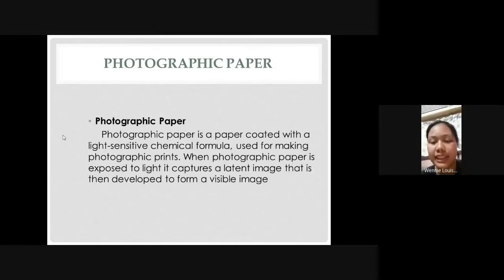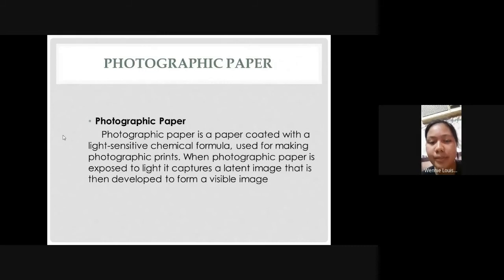In this process, you're going to place the photographic paper on the board of the contact printer, then place the photographic film negative on top of the photographic paper, and then put the sheet of glass on top of the photographic film negative. Then it is exposed to light, and this is where the latent image forms on the photographic paper.